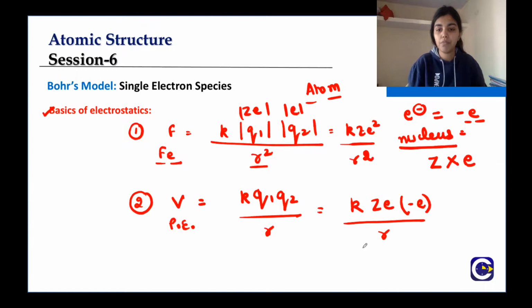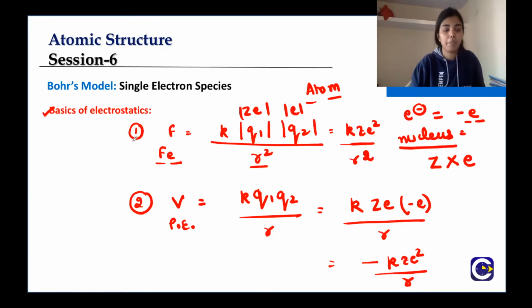This will become what? Minus KZE square divided by R. Now here minus sign is coming, why? Because mod of charges is not there. So this you need to remember, the electrostatic force of attraction between the electron and the nucleus, and secondly, the potential energy that has been developed between the two charges, and the two charges are what?